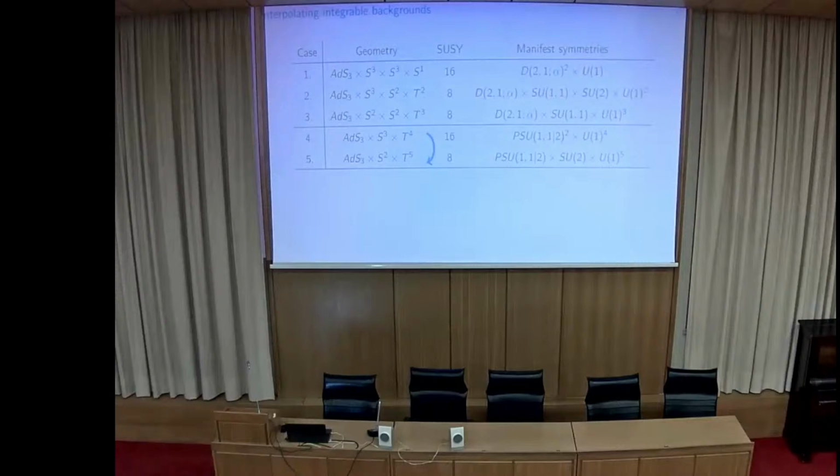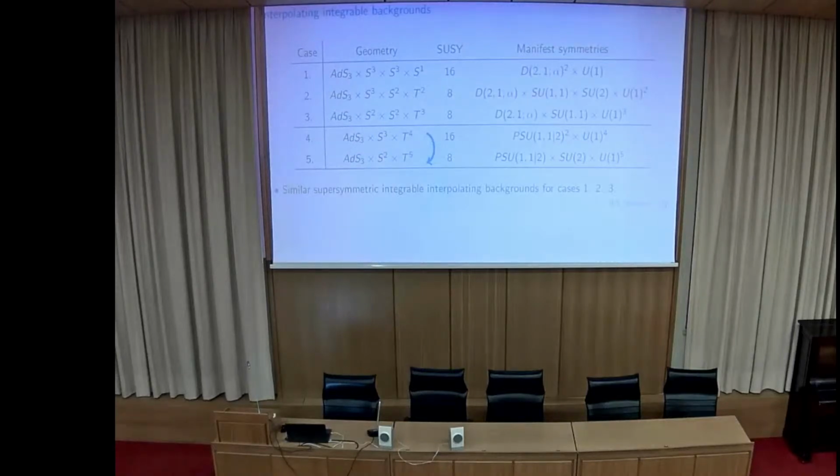And so for the whole family of backgrounds that interpolates between these two solutions, one preserves 8 supersymmetries. So this is something that preserves integrability and preserves 8 supersymmetries and allows one to go from one background to the other, and has some geometry of a squashed sphere.